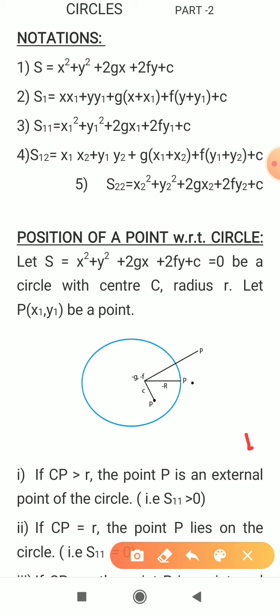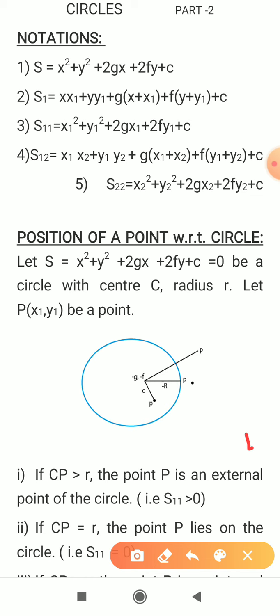You know the general form of the circle is x square plus y square plus 2gx plus 2fy plus c is equal to 0. This is a lengthy form to write in notes, right? So for our convenience, we take some notations.